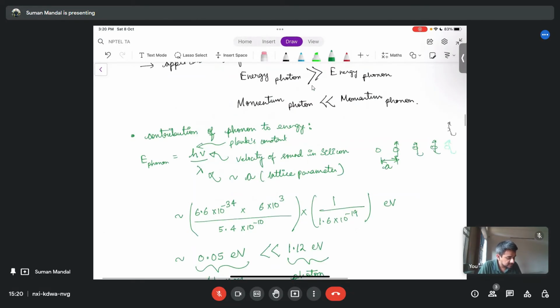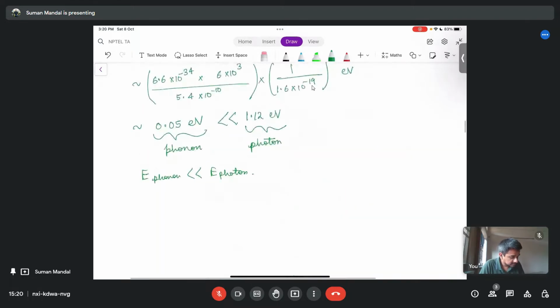So that is why we show that the energy change because of the photon is this much, but for a phonon it is negligible. It's almost no energy change. But now we will show that the photon momentum is also small. I should draw for clarification. This is the valence band.